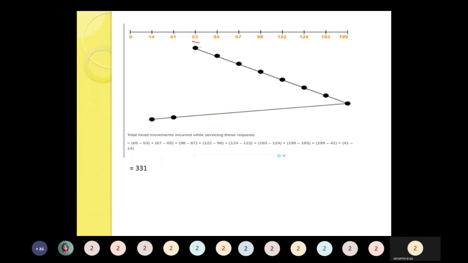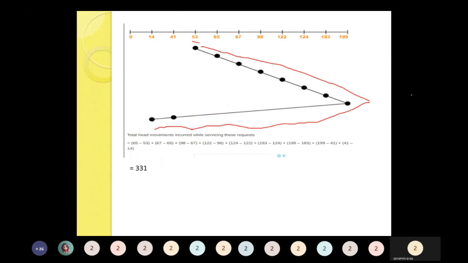So 53 to 65, next 67 and 98, after that 122, 124, 183, and then 199. It is scanned completely. Next, it moves back again toward the front, where it will service 41 and 14. So all my requests are completed.